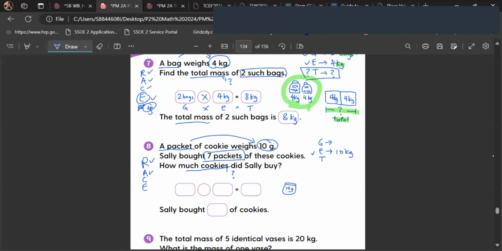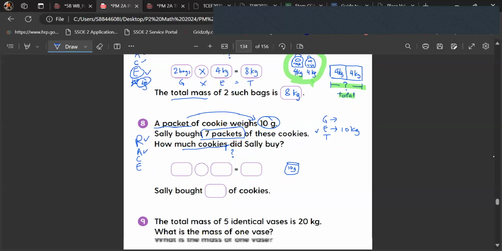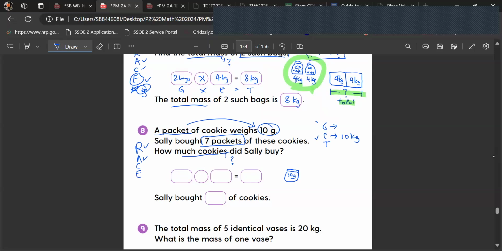How many packets is Sally getting? 7 packets. So we've got 7 packets. And then she's asking altogether how much cookie is that? Oh, you see, I made a mistake. I wrote 10 kilograms. That's so different. It's 10 grams.